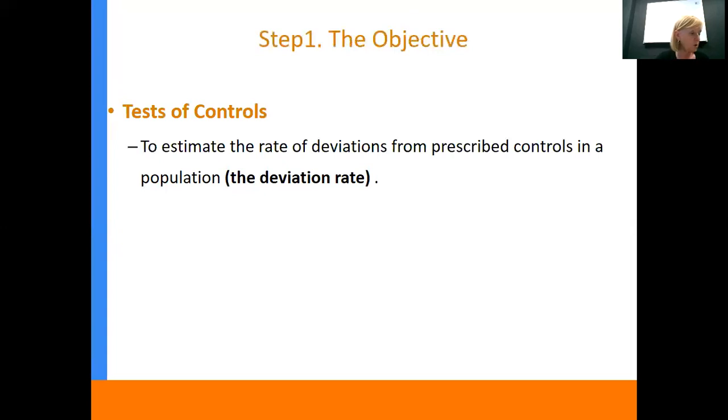So I might have a control, for example, in relation to payroll. The control might be that the accountant reconciles the total tax taken out of wages each pay period with the amount that gets sent to the Australian Tax Office. That would be a test of control.